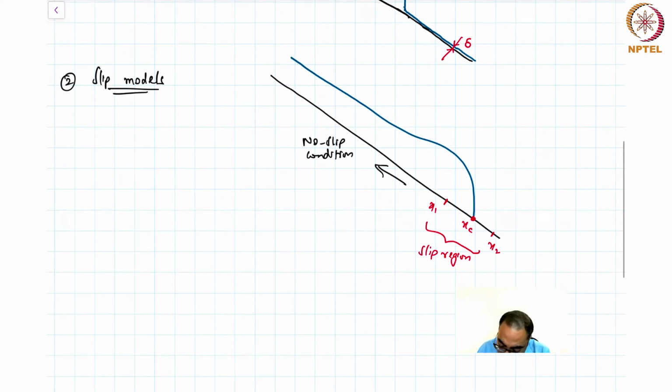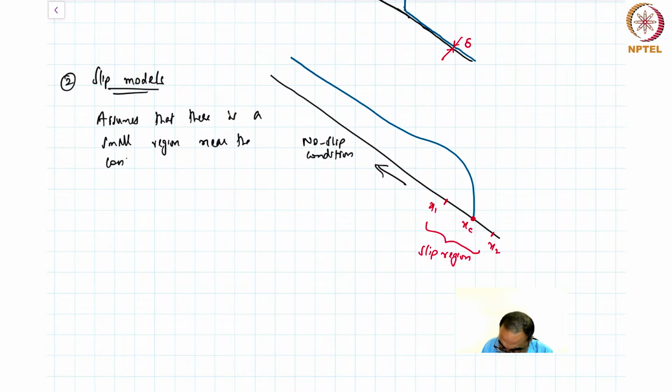Now, the commonly used model, let me first write it down, assumes that there is a small region near the contact line where we can relax the no-slip condition.